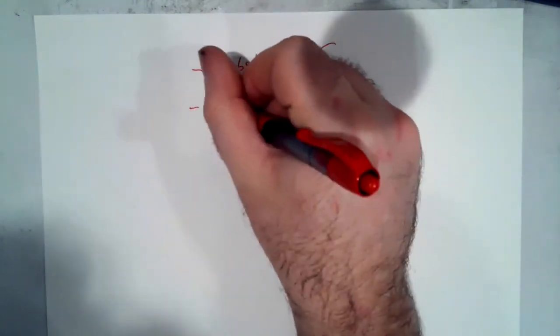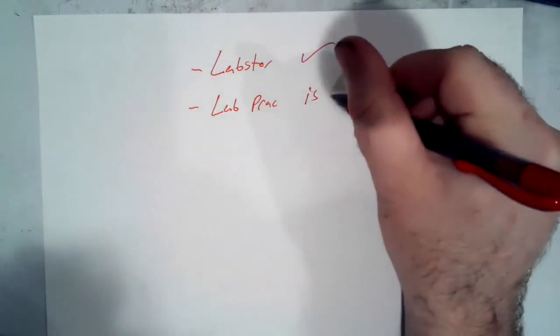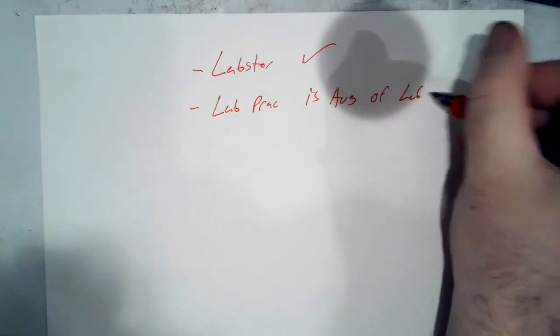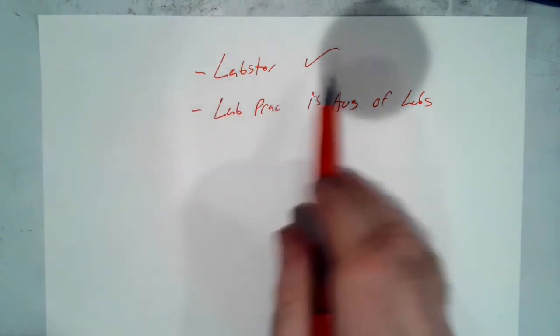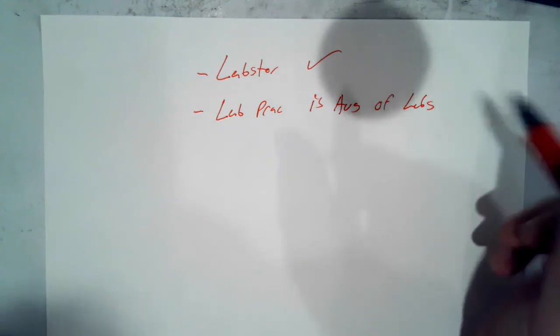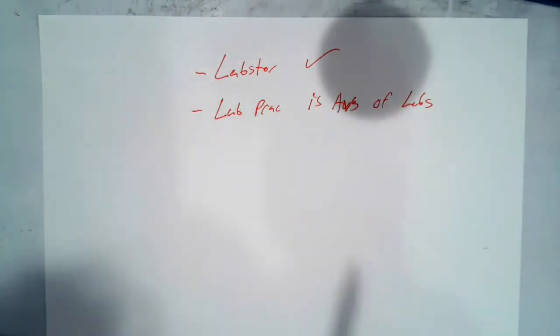Your lab practical is an average of Labster. So if you get a 0 on a Labster assignment, it'll be averaged into your lab practical. I know this doesn't say August, it says average, AVG, average of labs.